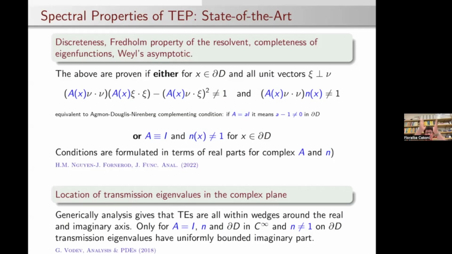So there are transmission eigenvalues in a wedge around the imaginary axis. Why is this important? Because when we solve the inverse scattering problem, the inhomogeneous transmission eigenvalue problem, so the resolvent of the transmission eigenvalue problem, comes in, and the imaginary part of the eigenvalue blowing up causes a lot of problems.